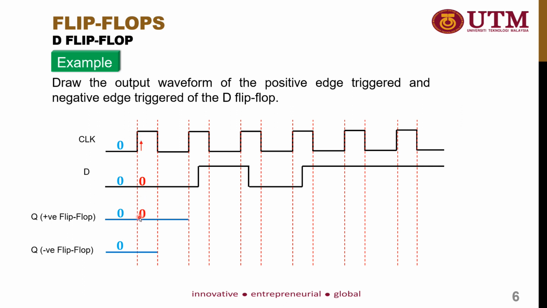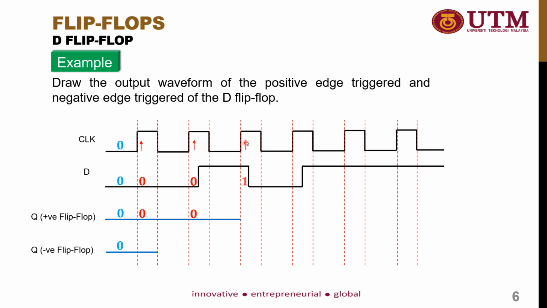This state will remain until it reaches the next rising edge of the clock. When we arrive at the next rising edge, we observe the input D. Input D right now is equal to 0, so it will still maintain the value of 0 until it reaches the next rising edge.